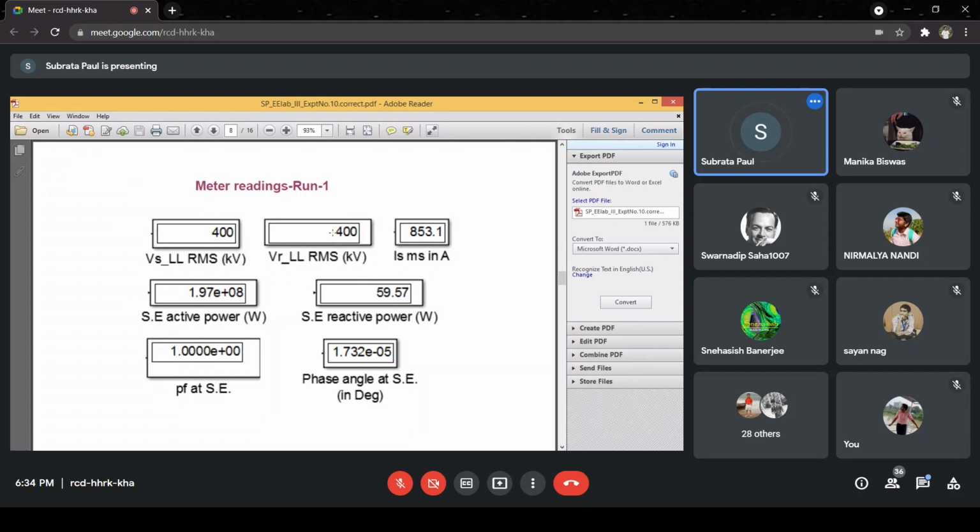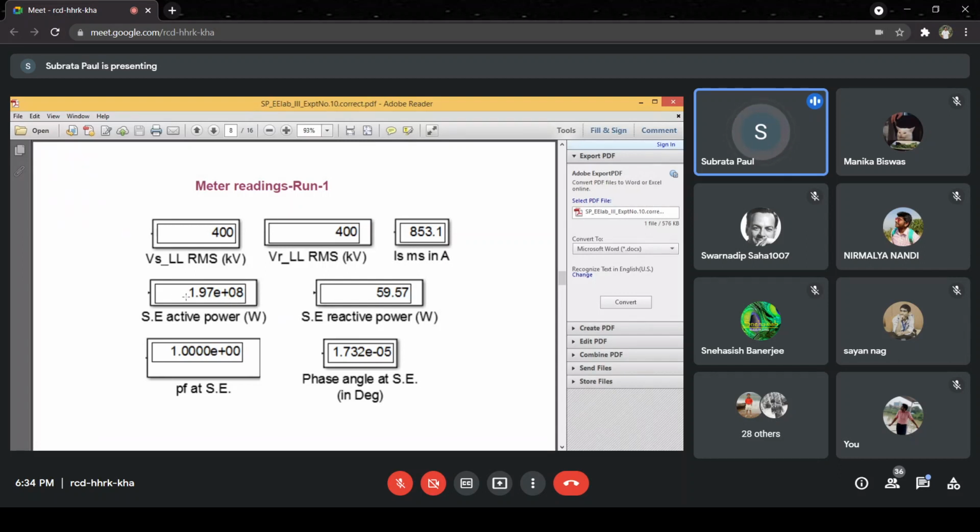Here you see, if you calculate from these values, receiving end voltage, sending end and receiving end current, or the surge impedance loading value, you will get the per phase surge impedance loading, or this multiplied by 3 will give you the surge impedance loading.